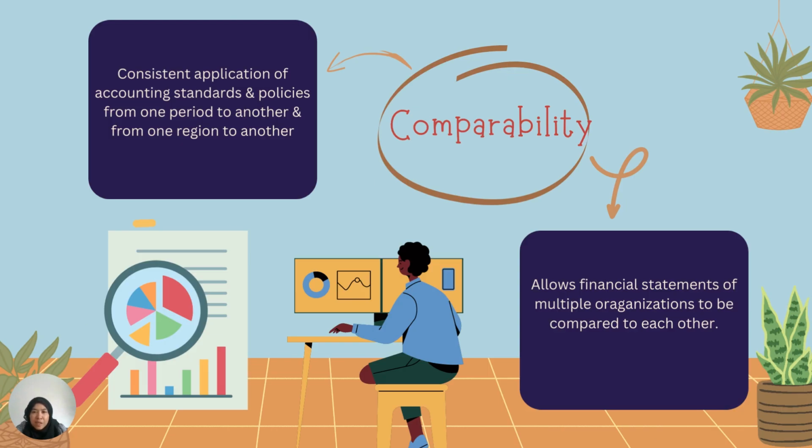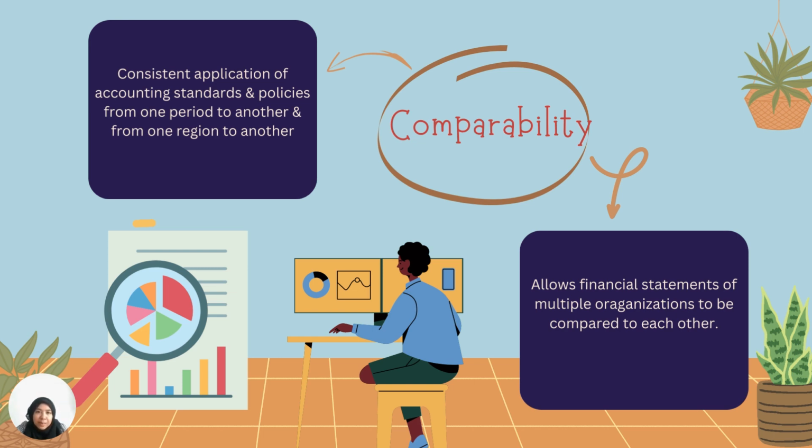So let's take a look at the detail of the comparability. So comparability characteristics, for example, it is consistent application of the accounting standards and policies used by the company in order to prepare the financial statements from one period to another and from one region to another.